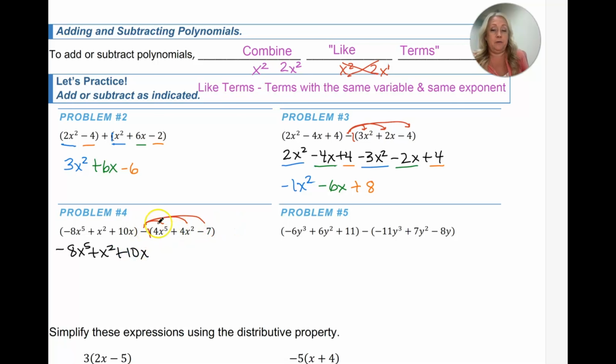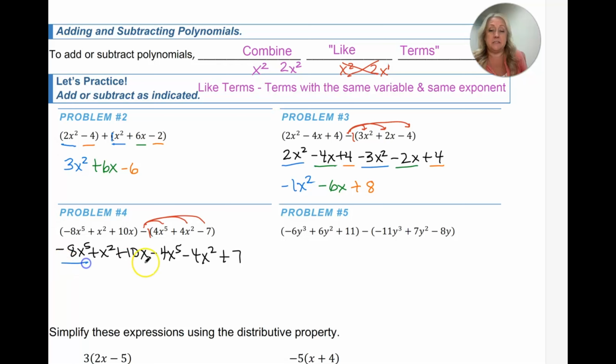But the second one, when I distribute the negative 1 through, I'm going to have negative 4x to the 5th minus 4x to the second, and then plus 7. And now we're ready to combine our like terms together.